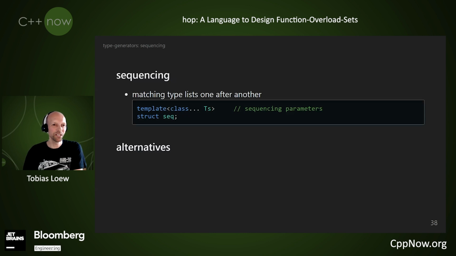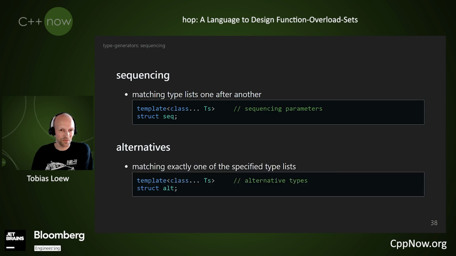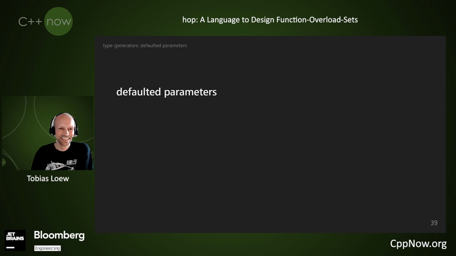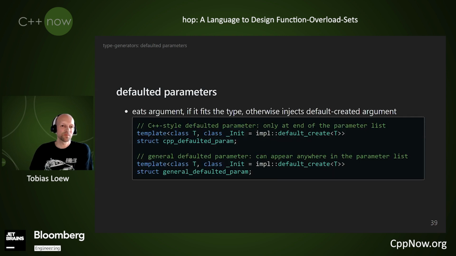Okay, sequencing and alternatives. So we want to sequence a set of types or a set of type generators, or we also want to be able to do alternatives. Next, we want to do defaulted parameters. Here we have two styles of defaulted parameters.